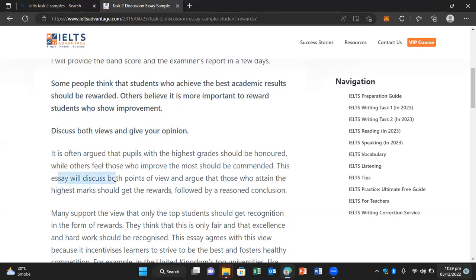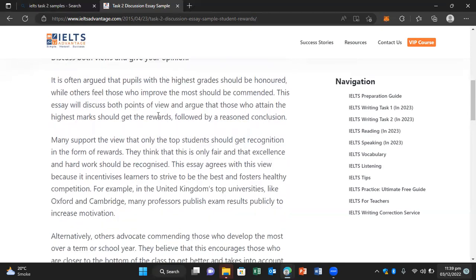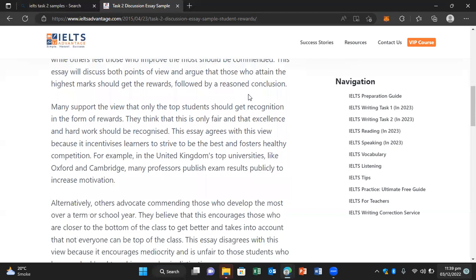This essay will discuss, right? Discuss is the key word here. Will discuss both points of view and argue that who attained the highest mark should get the reward, followed by a reasoned conclusion. So in the first paragraph, introduction, paraphrasing the question. Second paragraph, you would be discussing the first idea that students with the best academic results, A-star holders, distinction holders, should be awarded.